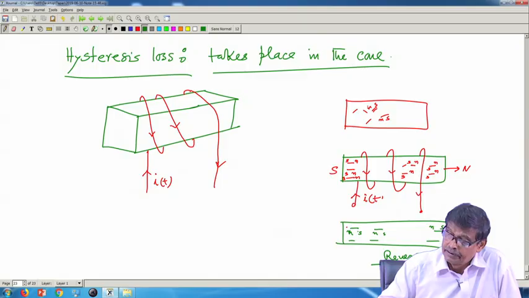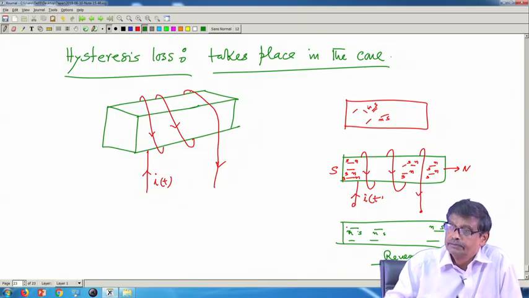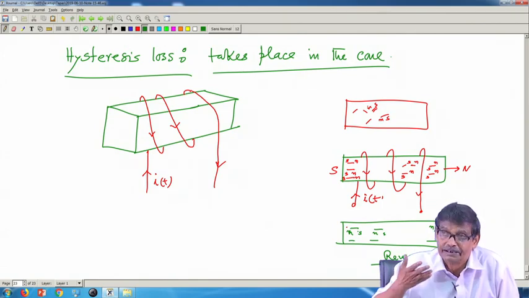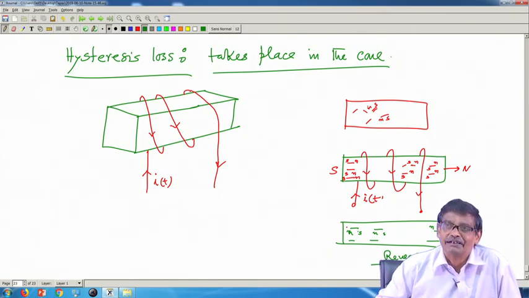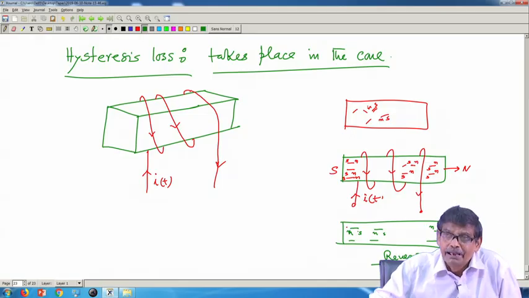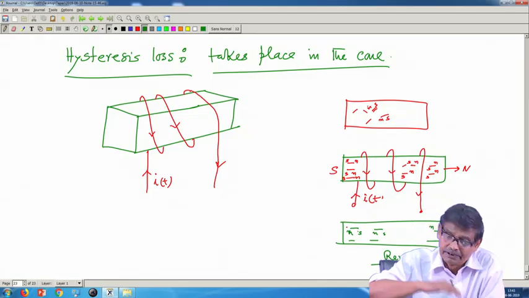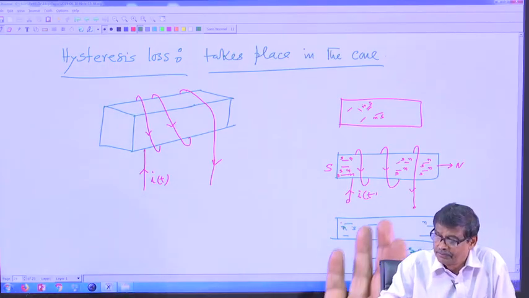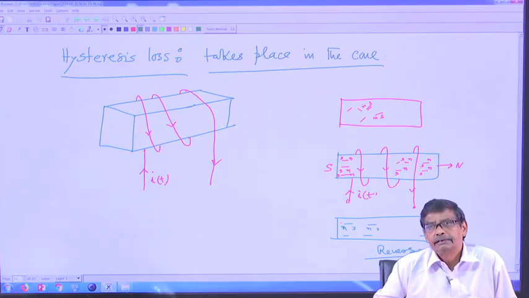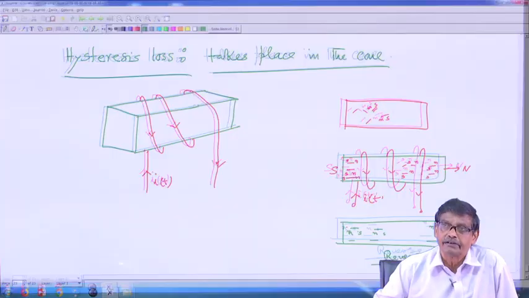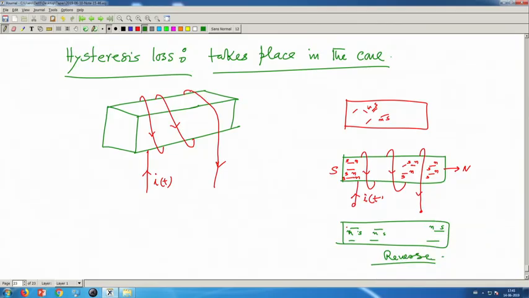Therefore, there will always be movement of the molecules. Perhaps a detailed analysis at the physics level is needed, but we can understand this is what is going to happen. Each molecular level tiny magnet will sometimes be aligned this way, sometimes that way. Therefore, the core will be heated up not only because of eddy current, but because of something else here. And this loss which takes place is called hysteresis loss, and we will continue with this in the next lecture. Thank you.